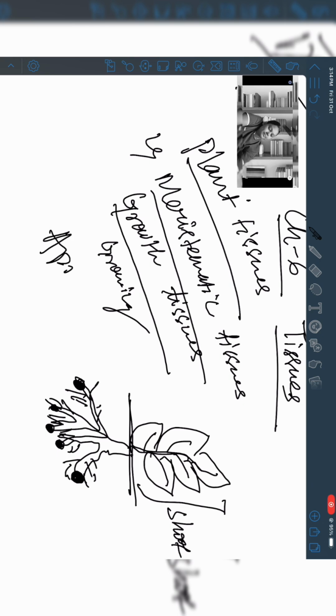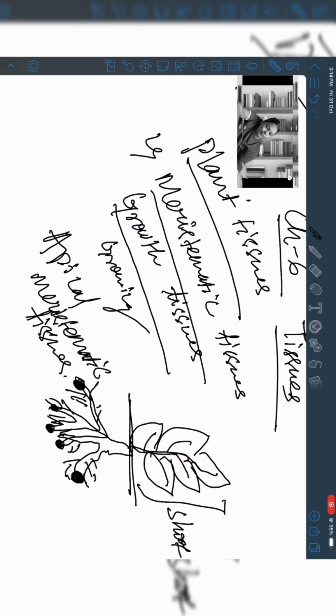Second, we can say the types are based on where they are present, or if I may say, position. So first one is apical. Second would be lateral. Lateral means if this is the branch of a tree, these portions are the lateral portions.